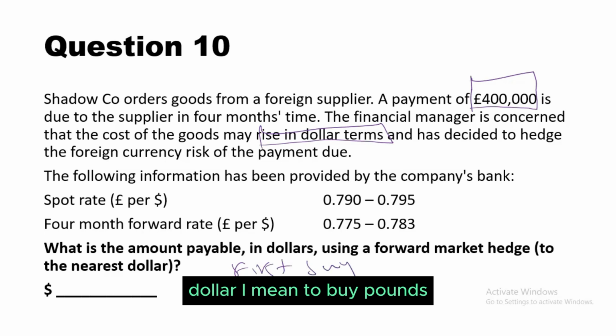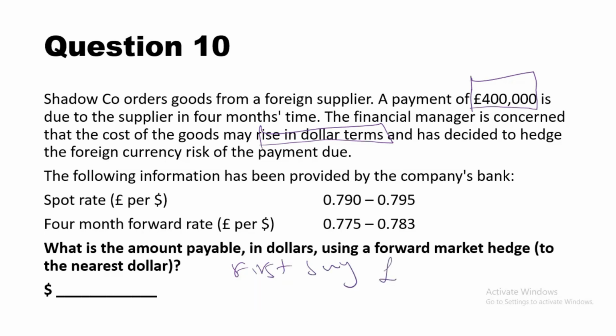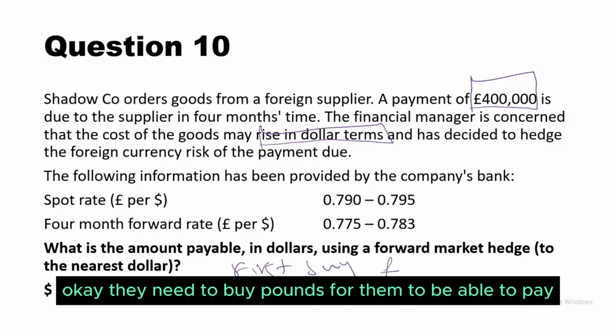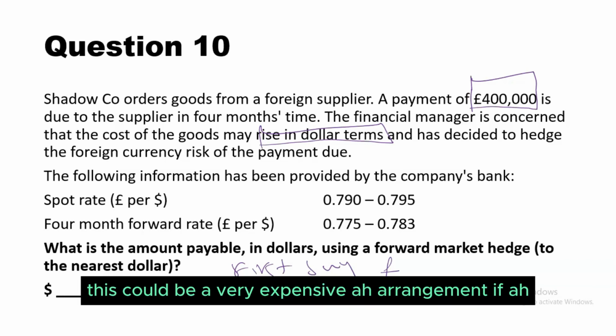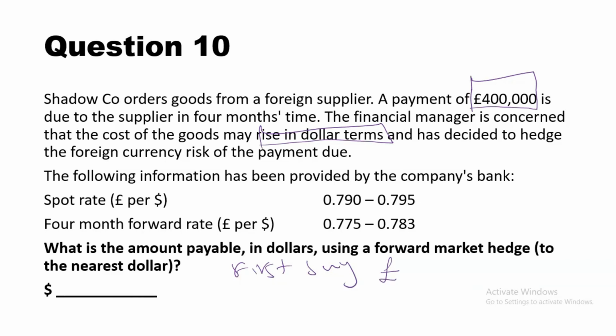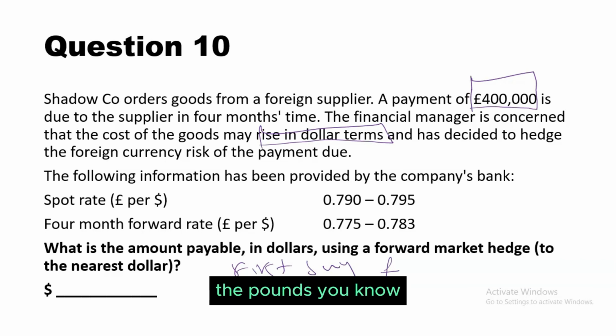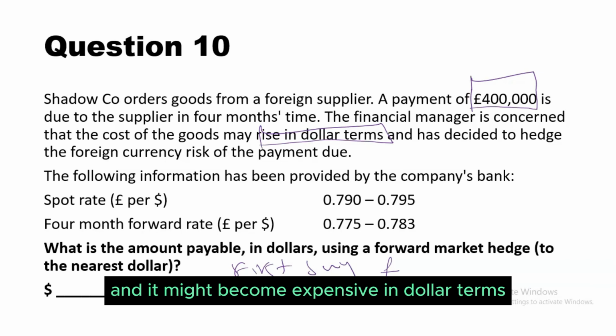They need to buy pounds for them to be able to pay. However, this could be a very expensive arrangement if the pounds gain in value, and it might become expensive in dollar terms.